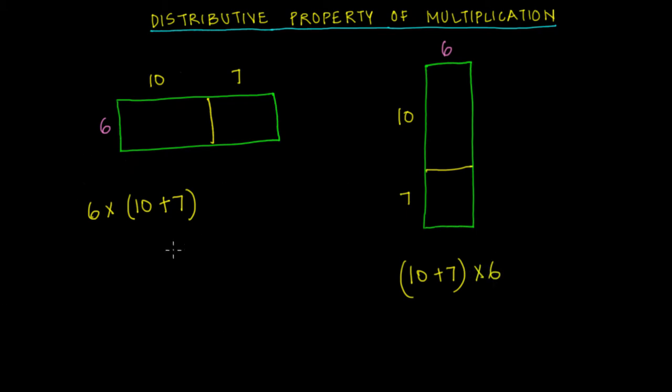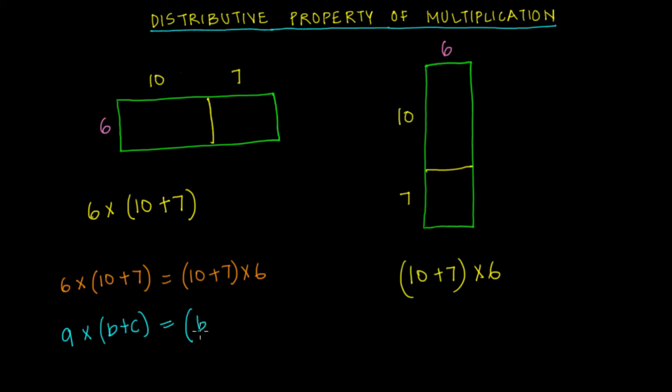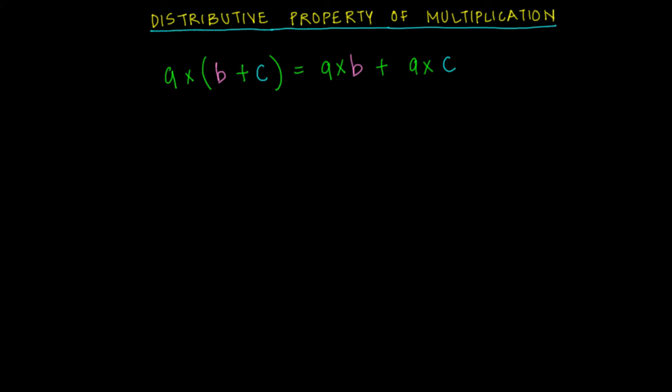And since the area of the two rectangles is the same, it means 6 times 10 plus 7 is the same as 10 plus 7 times 6, which makes sense because we have essentially used the commutative property of multiplication. The way we can generalize this is A times B plus C is the same as B plus C in parentheses times A.